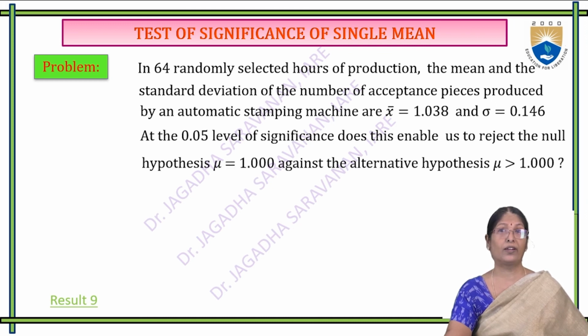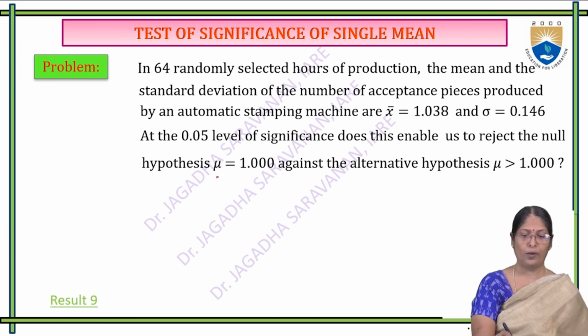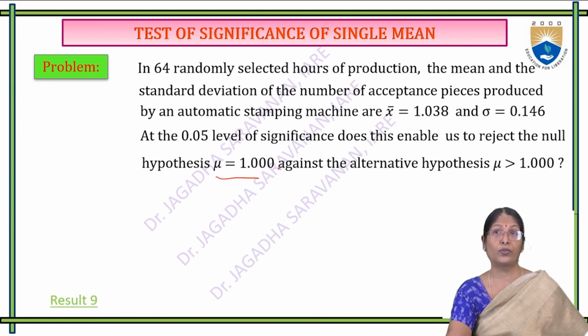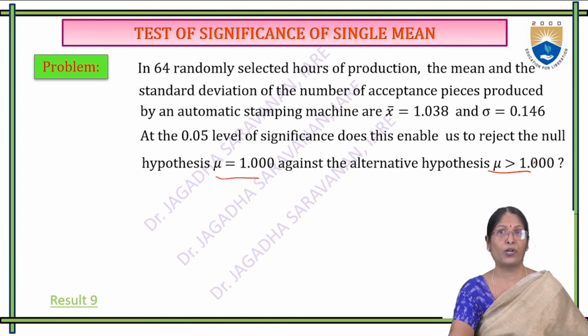We define the null hypothesis as mu equal to 1.000 against the alternative hypothesis. In this particular problem, looking at the symbol itself, we can easily tell it is a right-tailed test.